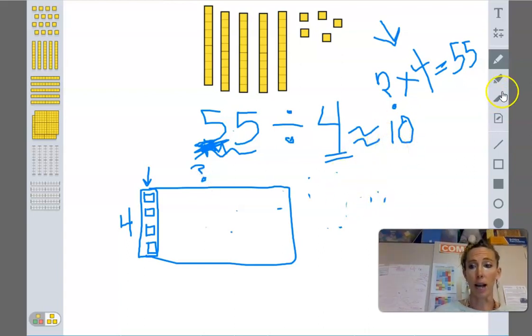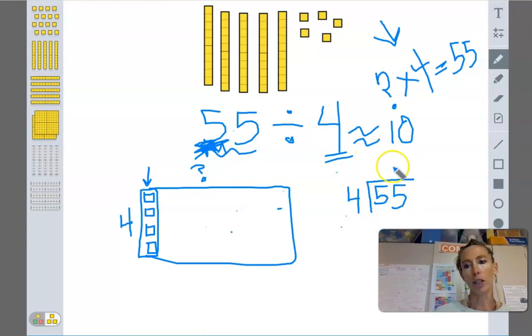So off to the side, I'm going to write out my partial product algorithm, and I'm going to put that division house up there. I have my dividend divided by my divisor, and now I have my quotient, my answer up here. So right now we just have 1 group of 4, but we know there's going to be more.